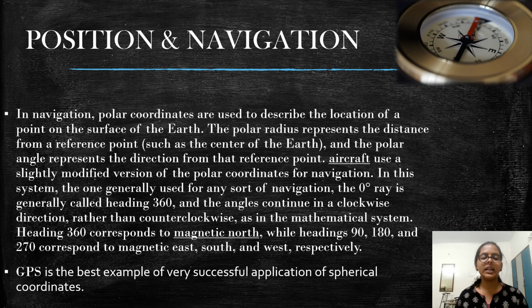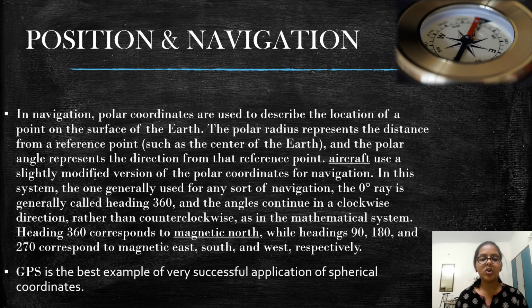Aircraft use a slightly modified version of the polar coordinates for navigation. In this system, the 0-degree ray is generally called heading 360, and the angles continue in a clockwise direction rather than counterclockwise or anticlockwise as in the mathematical system.